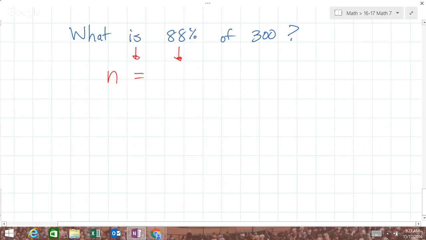N, right? 88% is going to turn into 0.88 of 300. Now we just plug it in the calculator, don't we? What'd you guys get? What's that? 264. Hey, people got 264 there. Okay. All right.